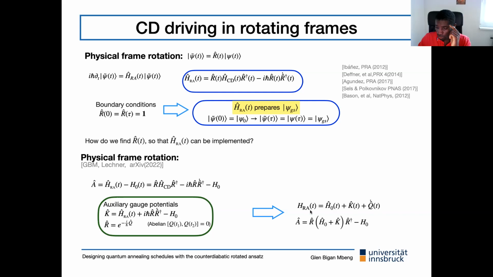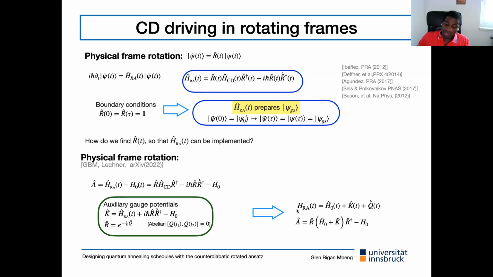And we see that in particular, the RA Hamiltonian has the advantage that now it only depends on K and Q dot. So if K and Q are chosen within the set of allowed operators, so will be the driving.